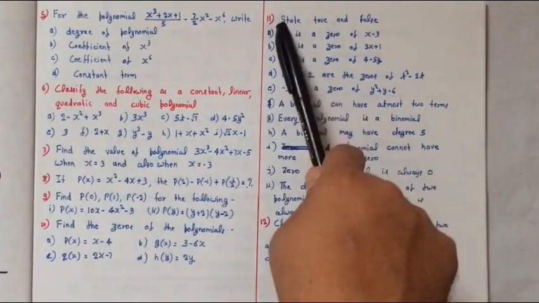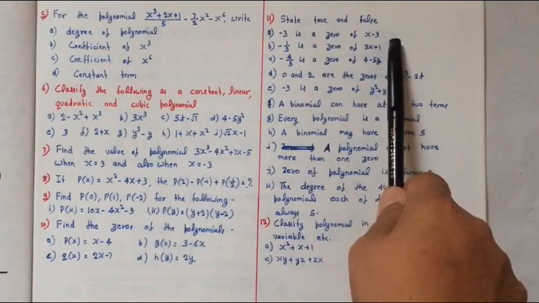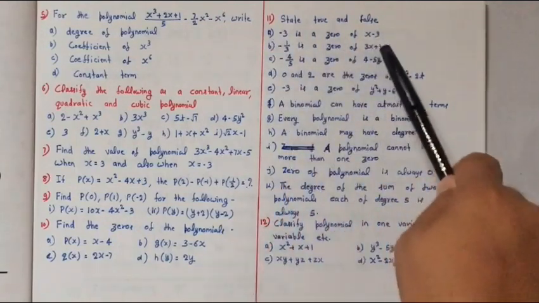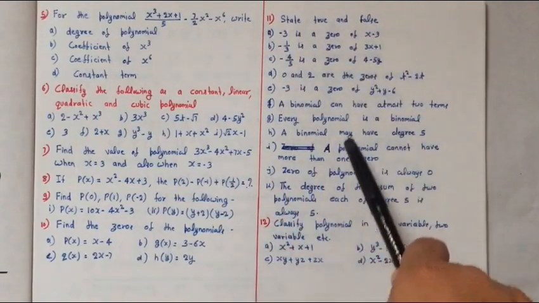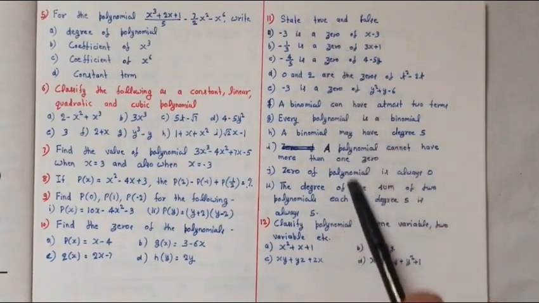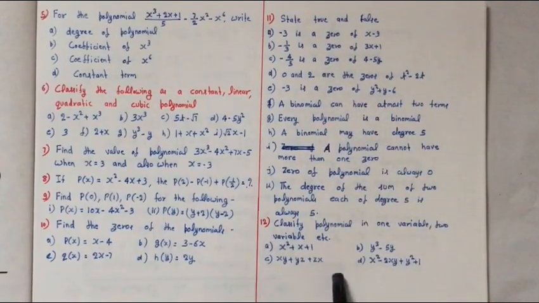This is question number 11, state true or false. Here you have to state true or false for all these questions. And then question number 12. So you have 9 MCQ questions and 12 practice questions. You have to do these questions very properly.